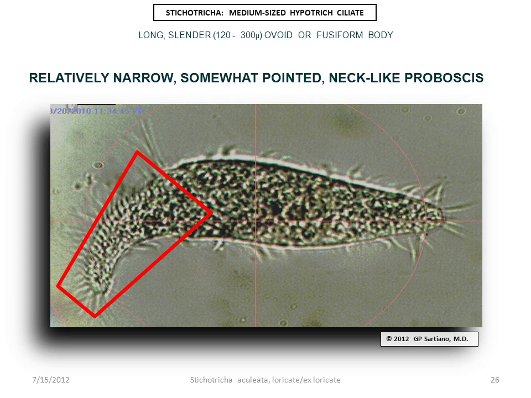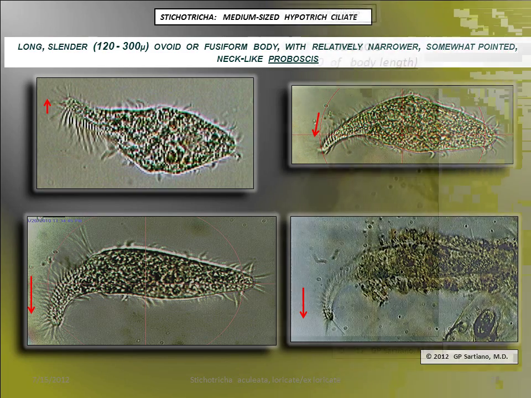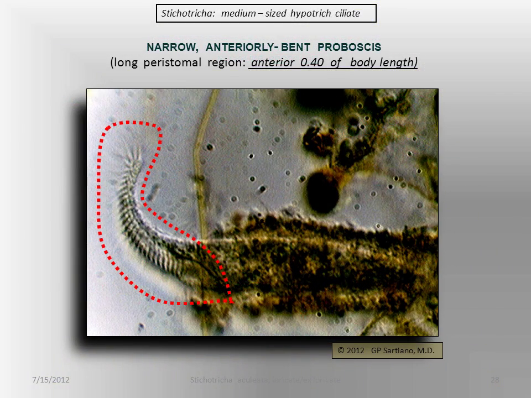Anteriorly, it has a somewhat pointed, neck-like proboscis. The proboscis is often arched ventrally or dorsally, especially when the organism is partially extended from its lorica.